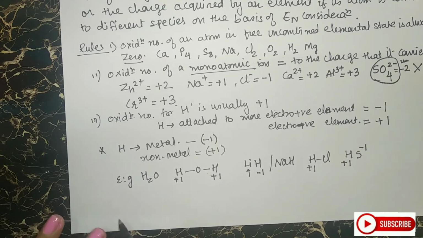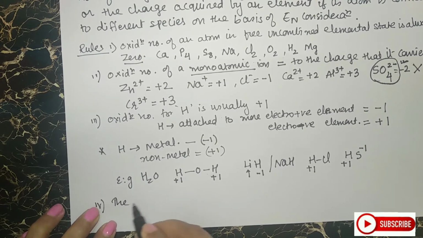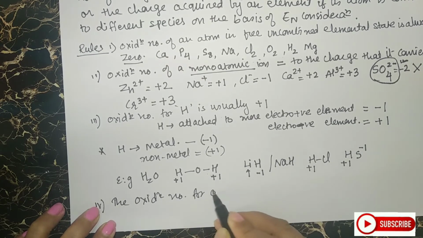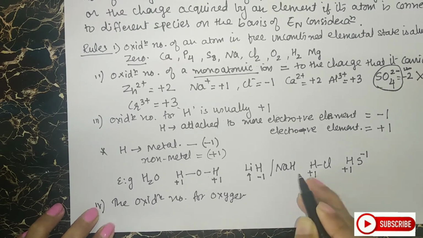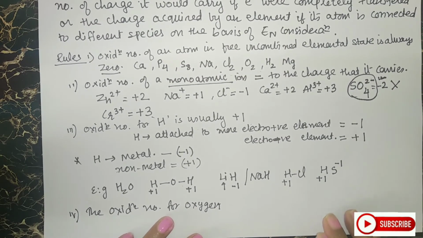Let us move on to the fourth rule. According to the fourth rule, the oxidation number for oxygen, this is very important, student, about oxygen, because most of the compounds have oxygen in them, because they are in the oxide forms.